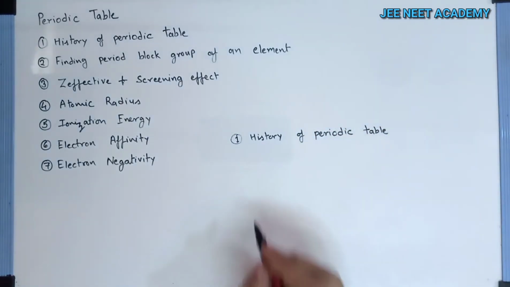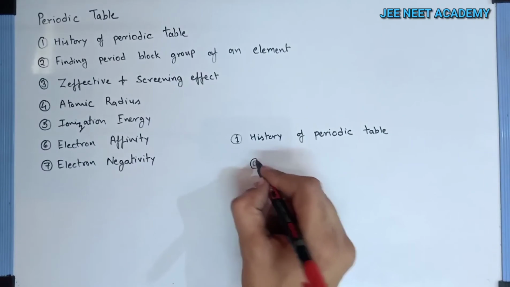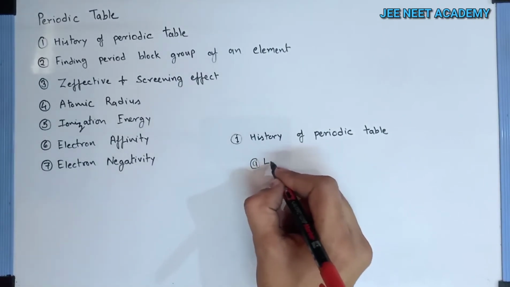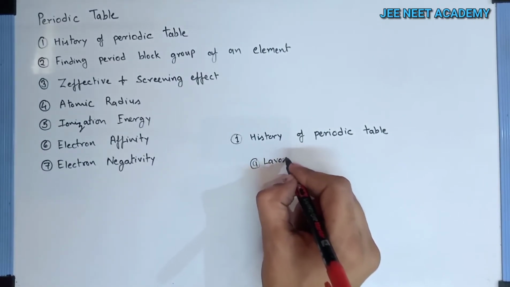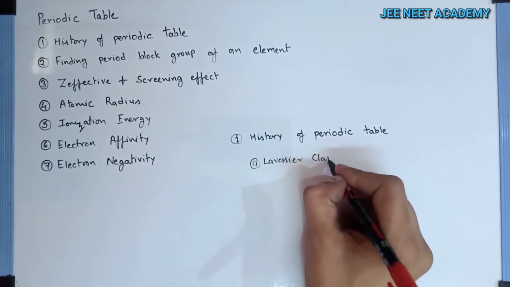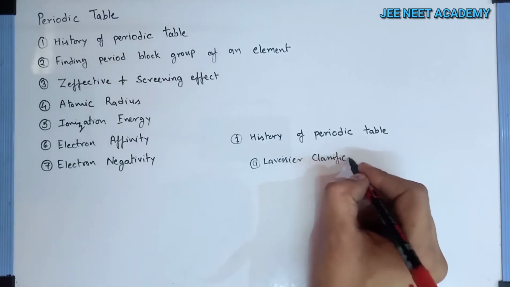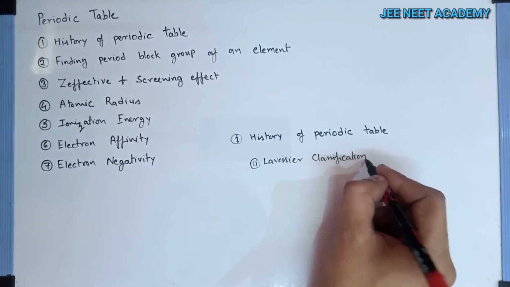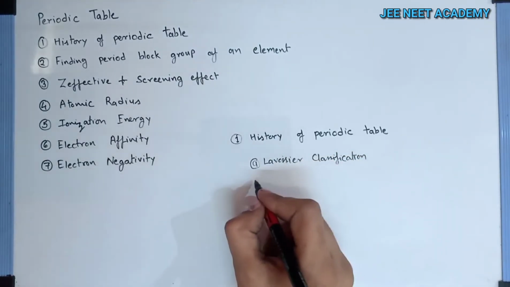In this first topic we have to cover Lavoisier classification. Then second one Dobereiner's triad.